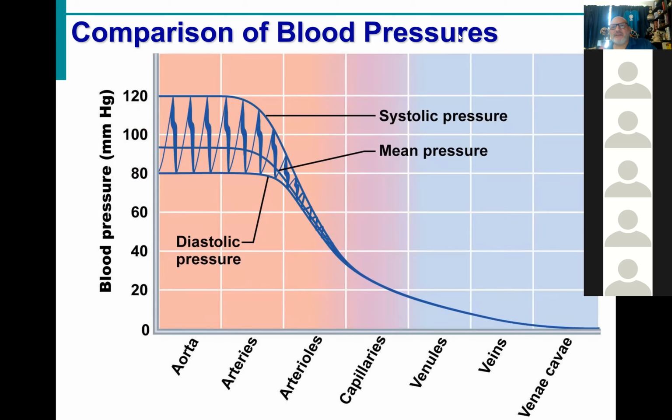Notice at its peak, when the ventricle is ejecting blood out, it's at about 120. Notice that's systolic pressure. And again, remember, this measures the pressure during ventricular ejection.